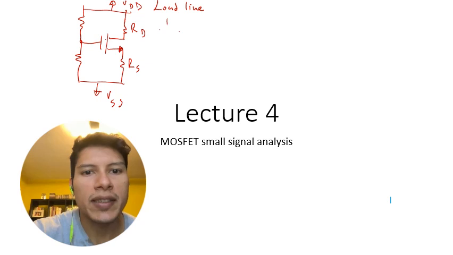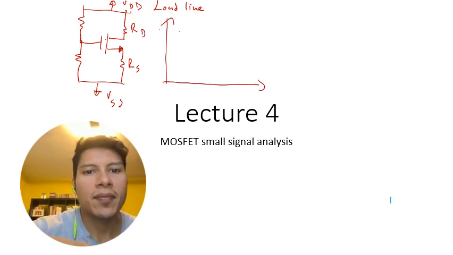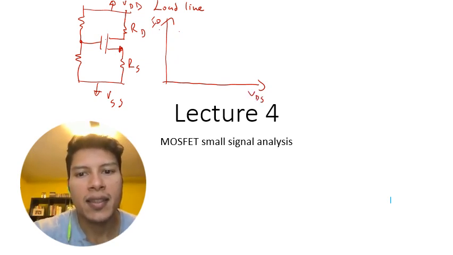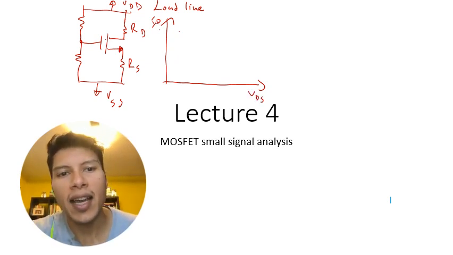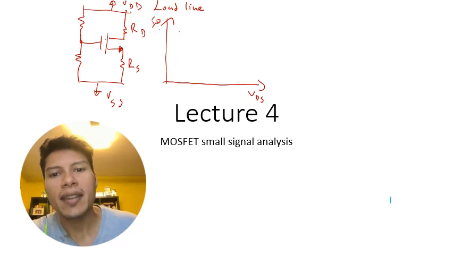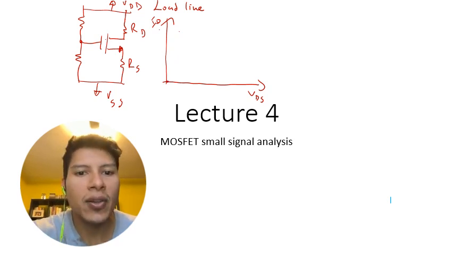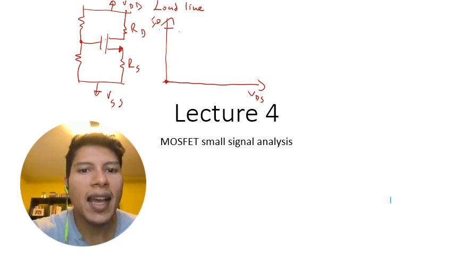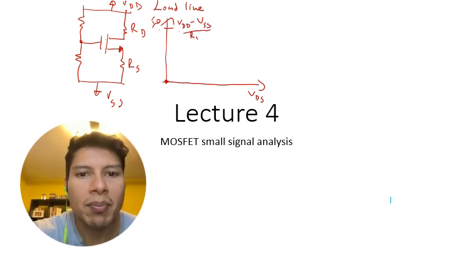And in particular, we said that if we looked at ID as a function of VDS, it had to behave like a line, which meant that if VDS is 0, ID had to be VDD minus VSS divided by RD plus RS.